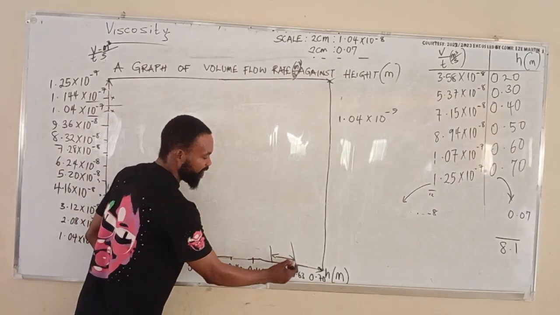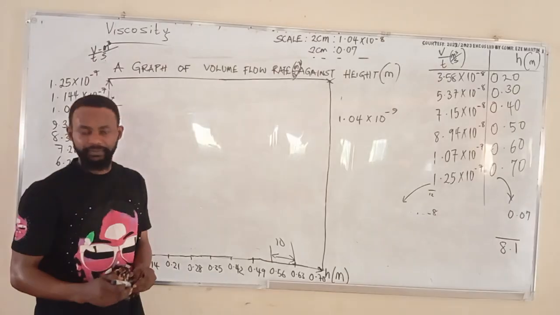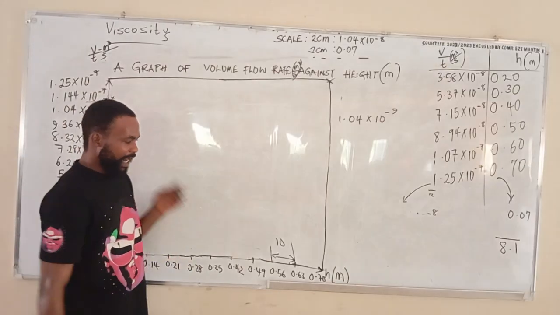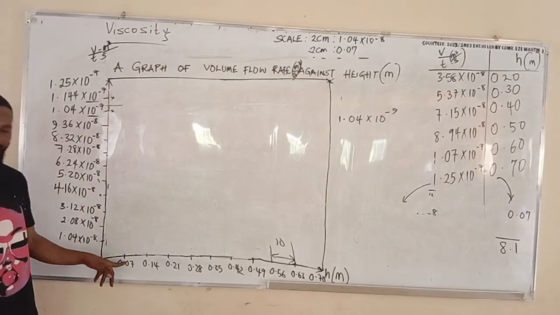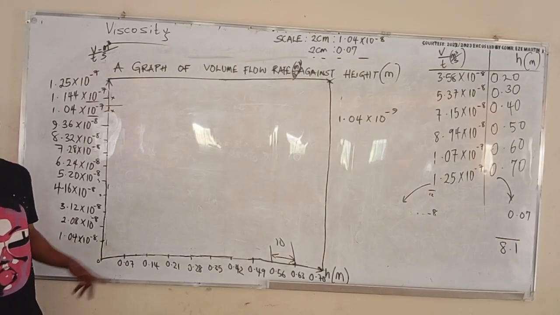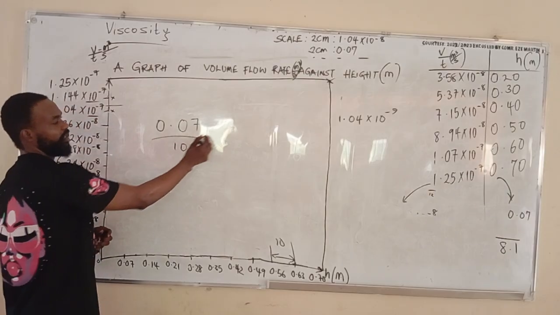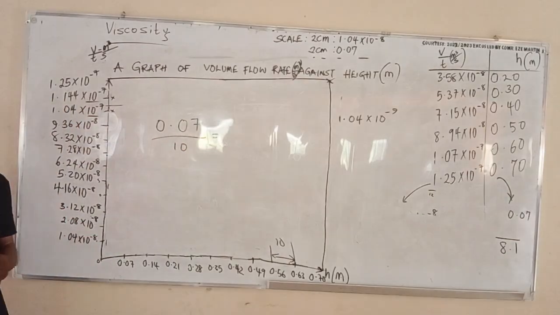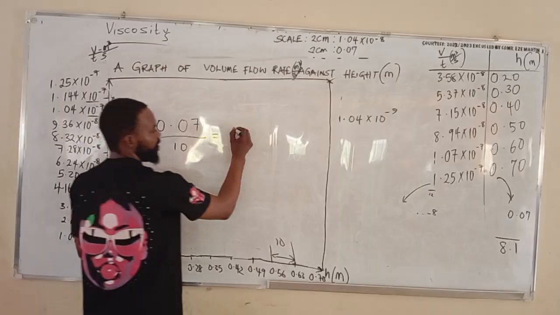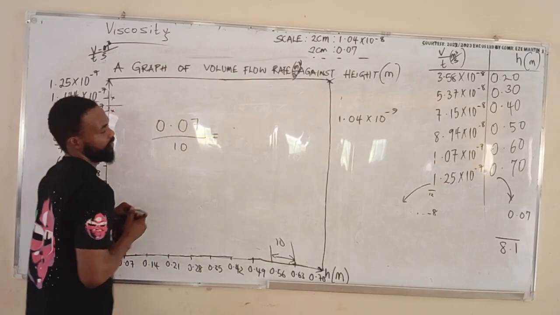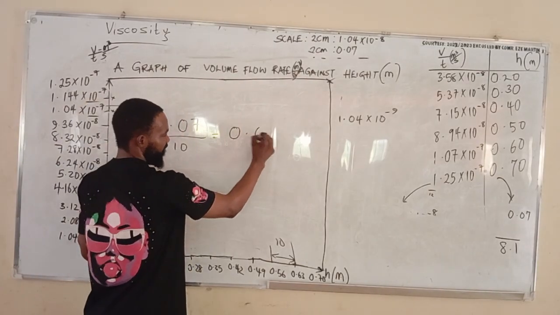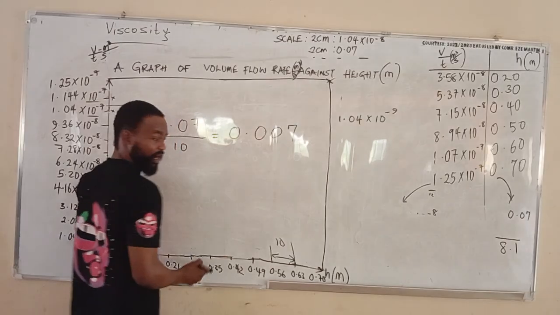In between the 2 centimeters, I have 10 points, Shemi. Let me divide. And remember that from here to here is 0.07, right? I'll do 0.07 divided by 10. What do you have? 0.007.